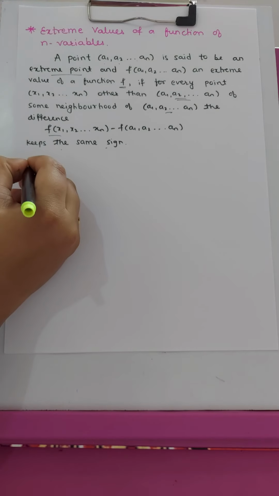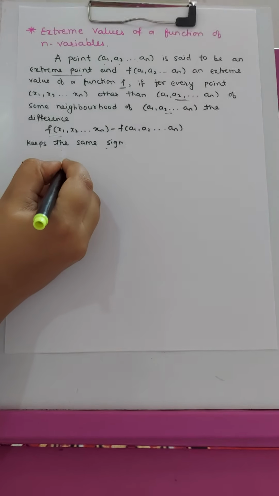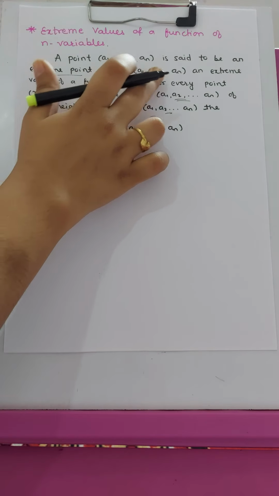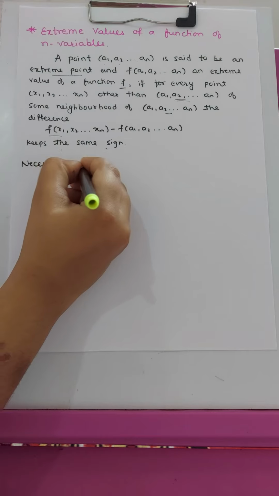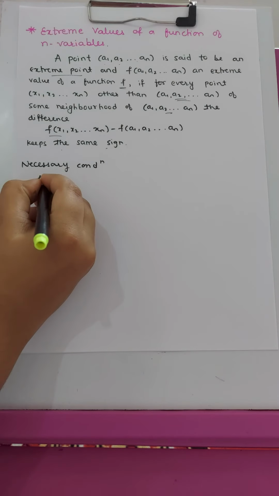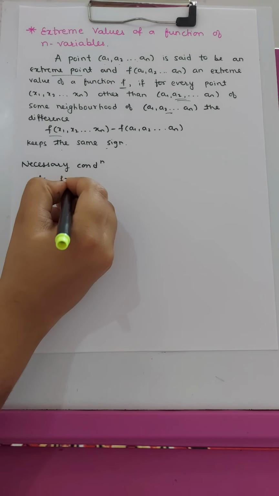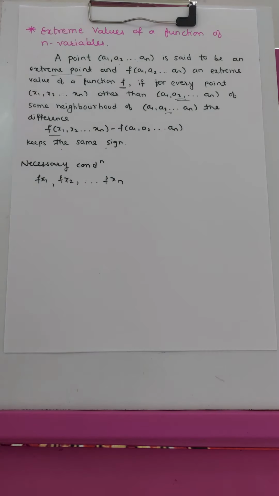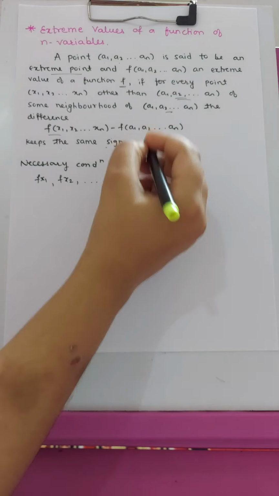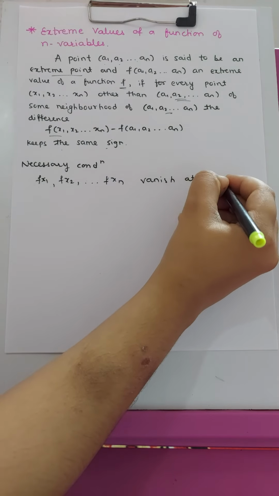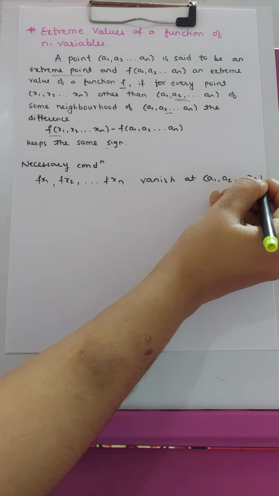The necessary condition for f of a1, a2, an to be the extreme value is that all the partial derivatives of this function, that is fx1, fx2, up to fxn, all vanish at a1, a2 up to an.